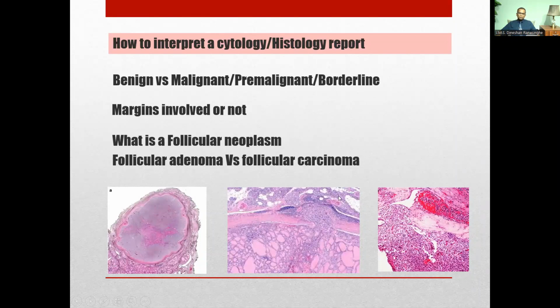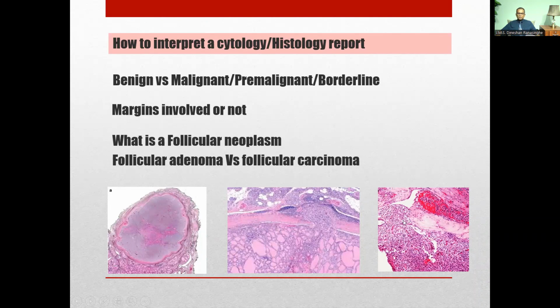So we should have either capsular invasion or vascular invasion in order to tell whether a follicular lesion is malignant or not. Obviously, we can't do it using cytology. If we mention something as a follicular neoplasm, we ask for surgical intervention to get it out and assess it histologically.